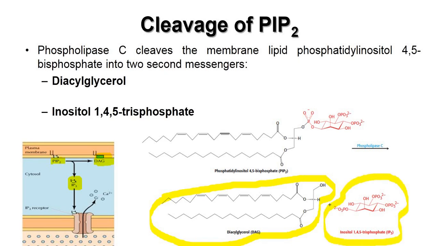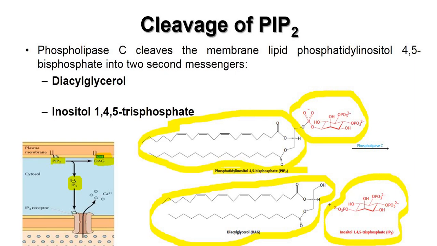You can see in the parent molecule, phosphatidyl inositol 4,5 bisphosphate PIP2, you had both the inositol triphosphate portion and the diacylglycerol portion. So this bond is broken. There is a cleavage of this molecule. Once the PIP2 is cleaved, only then will it lead to the formation of DAG and IP3.